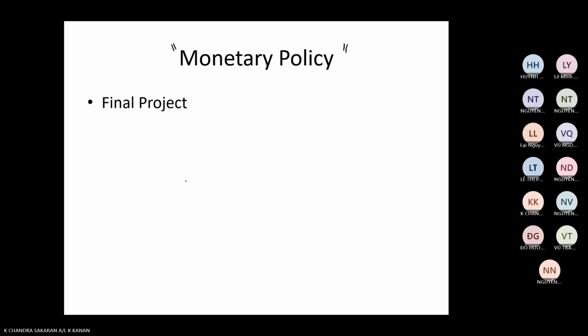Once you choose the country, you have to find all the macroeconomic data for the country, at least 5 years of data, to analyze the effectiveness of the monetary policy used by the central bank. The data will show you whether there are any changes, whether the policy works or not. So the key area of your project is monetary policy. That is your final project.